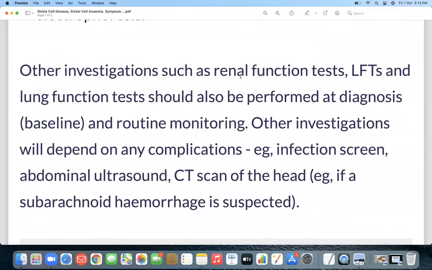Other investigations you can do: renal function test, liver function test, and lung function test should be performed at diagnosis as the baseline, and for routine monitoring. So in the exam, we should tell all these LFTs, RFTs, even if we don't know the status, for the baseline. You will tell everything.